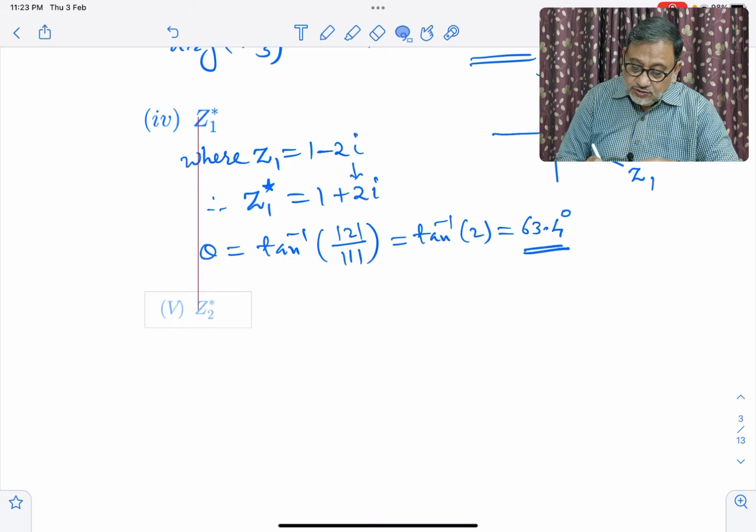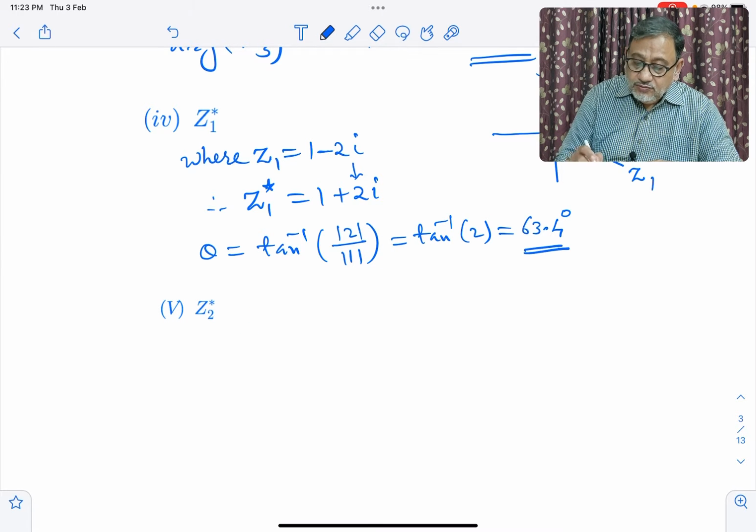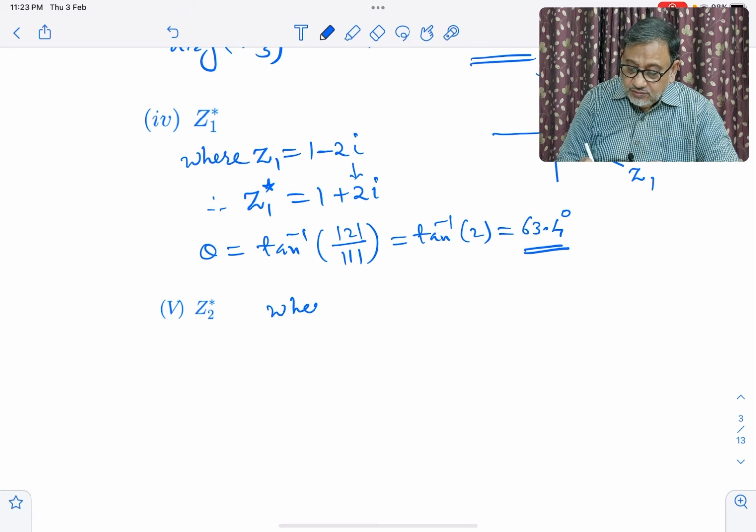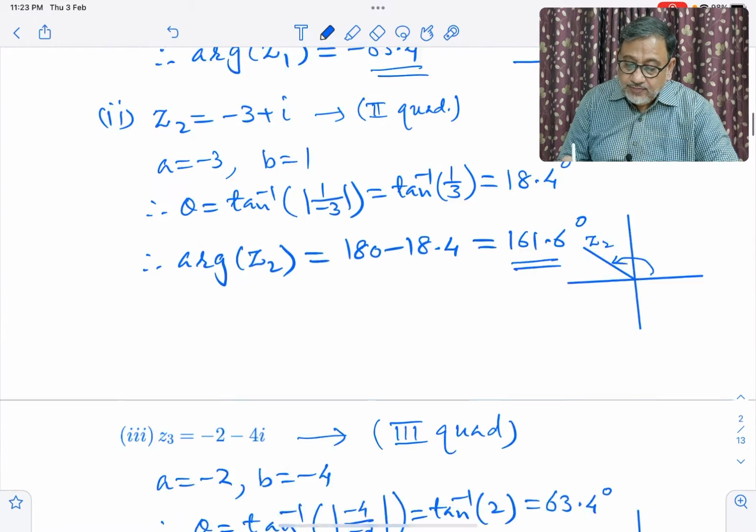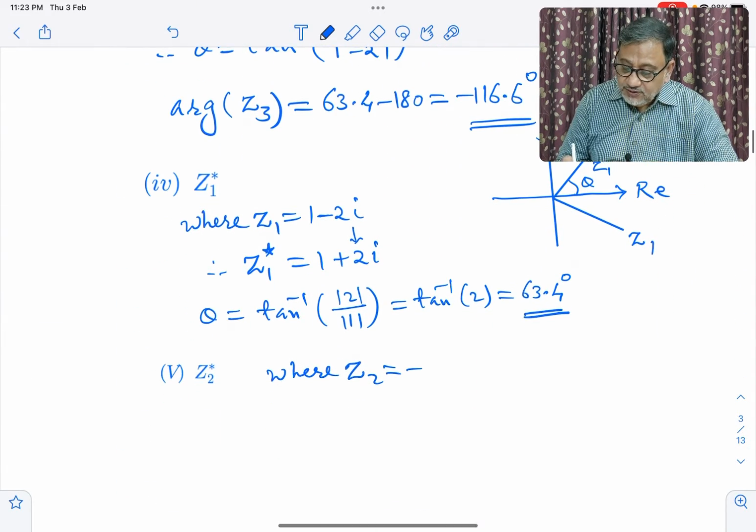So Z2 conjugate I will write here. Now Z2, what is Z2? Minus 3 plus i. Now let me draw the diagram for it.